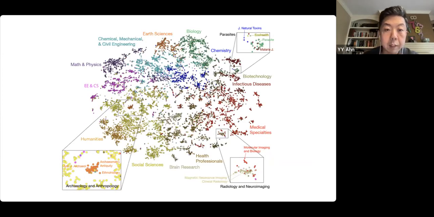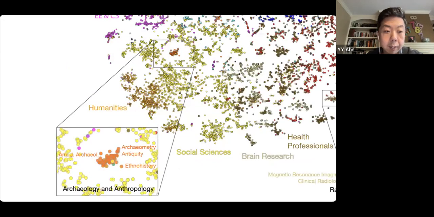And the space looks like this. We colored them based on some manually curated categories. You can notice that these manual categories are pretty good in terms of capturing the cluster structure. But there are also interesting things you can find. For instance, here you can see archaeology and anthropology journals that form an island inside social science. And they are classified as earth sciences, which in a way makes sense because they use a lot of earth science methods like carbon dating and so on.